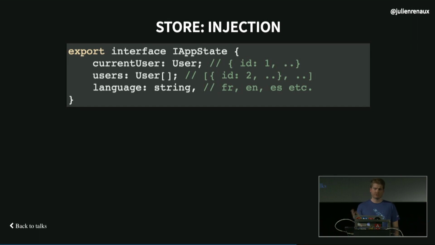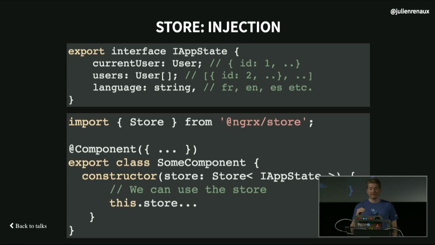That's totally arbitrary, right? You can use whatever you want. And once we have the AppState interface, we can then inject the store provider in our services or components, simply by using Angular dependency injection. Okay? So we can now use the store.